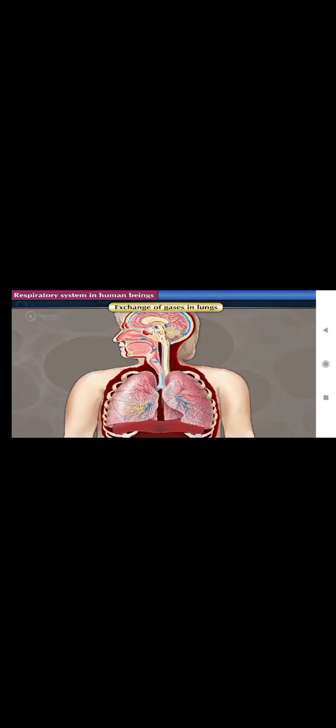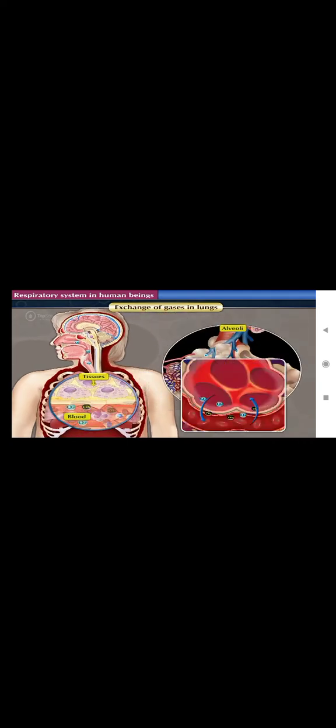Exchange of gases in lungs. Gaseous exchange occurs in lungs continuously while blood is circulating around the alveoli. An iron-containing protein, that is, hemoglobin, is present in the RBCs of blood.